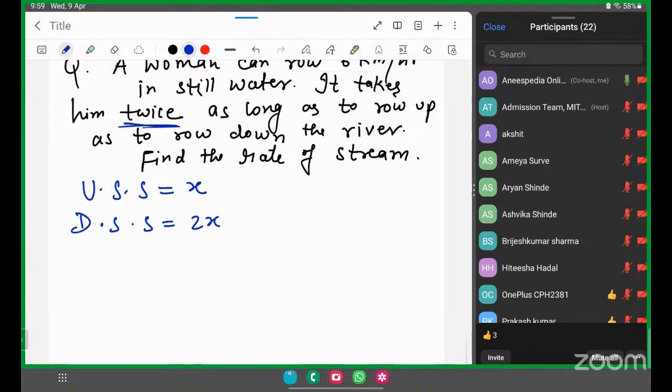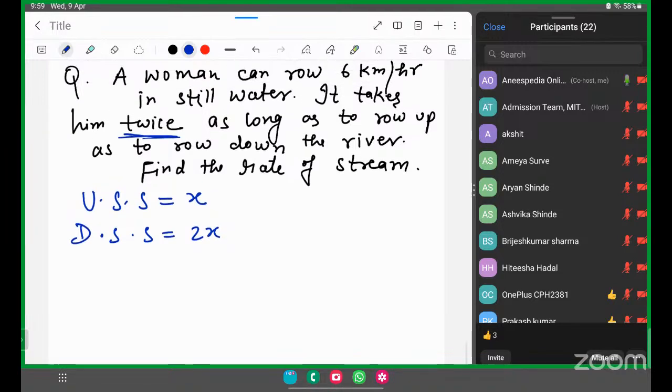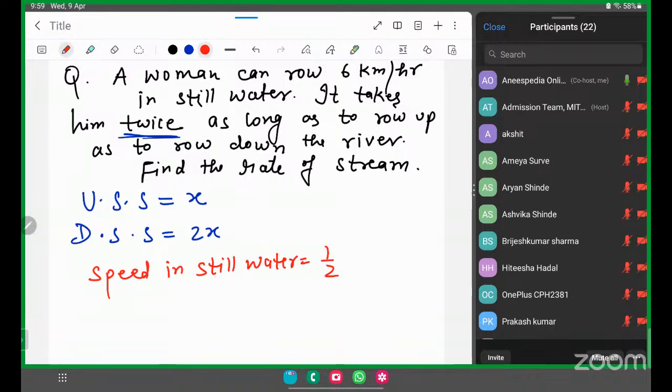Okay. Now we have to find out the rate of stream. Now we know that speed in still water is given by half of A plus B, right?